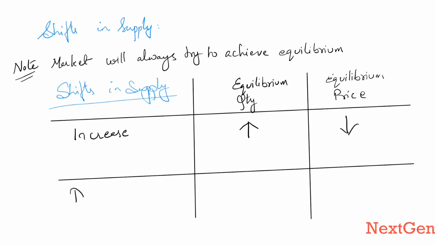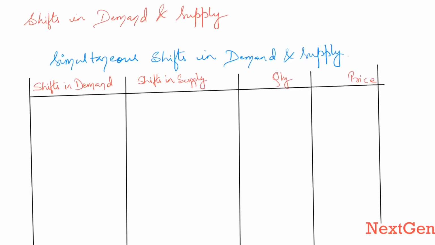Whereas if supply decreases, then equilibrium quantity also decreases, whereas the price will increase, because there will be less commodity available in the market and there will be more demand, thus the price will go up. Let's see what happens when there is a simultaneous shift in demand and supply.